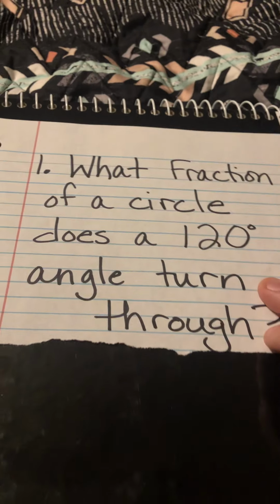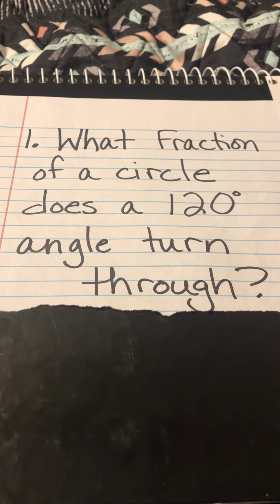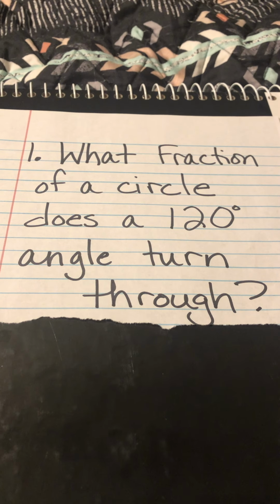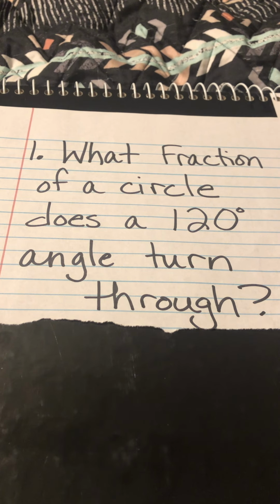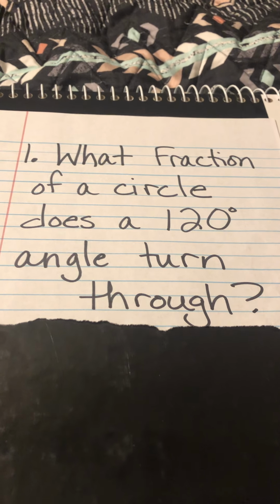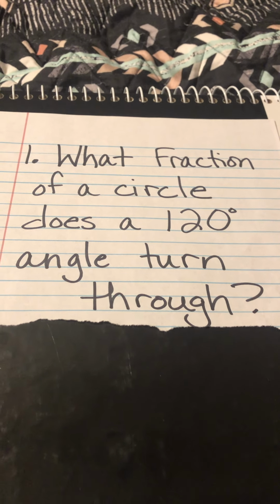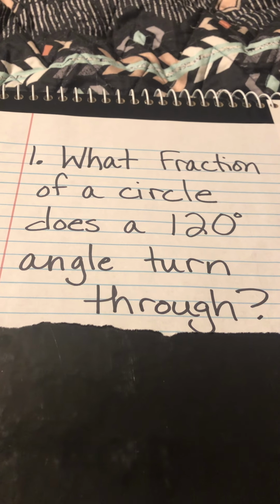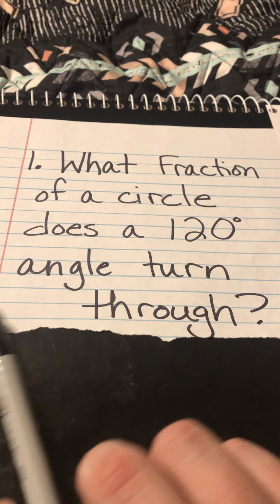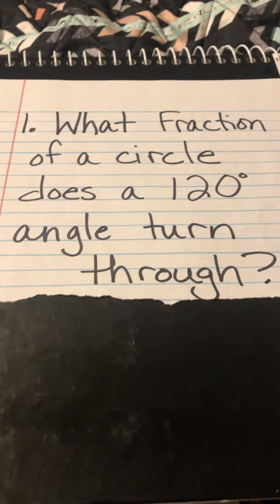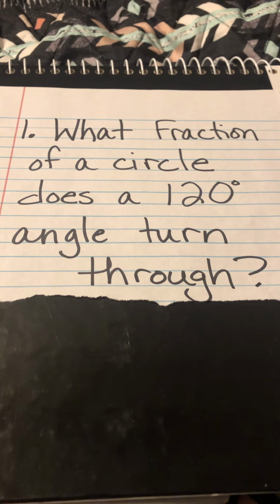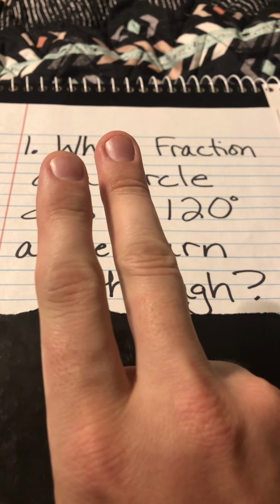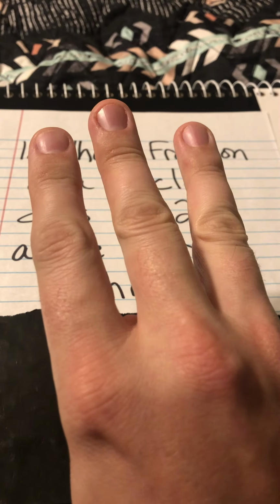Another way that I can teach you how to find that is by skip counting. What fraction of a circle does a 120-degree angle turn through? Well, let's skip count. We're trying to get to 360. That's our end goal. So, let's count by 120. Mr. Wilson, I can't skip count by 120. No, but you can skip count by 12. 12, 24, 36.